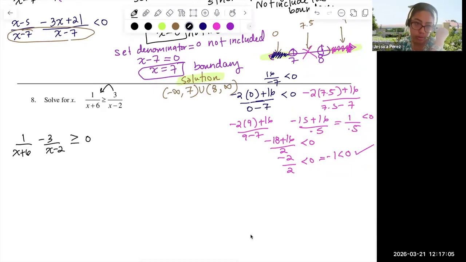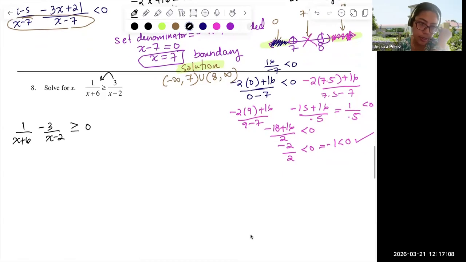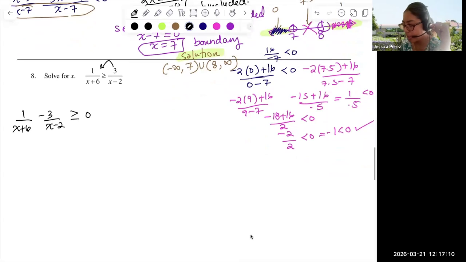So what is this saying? Okay, well, common denominators. The LCD would be x plus 6, x minus 2.